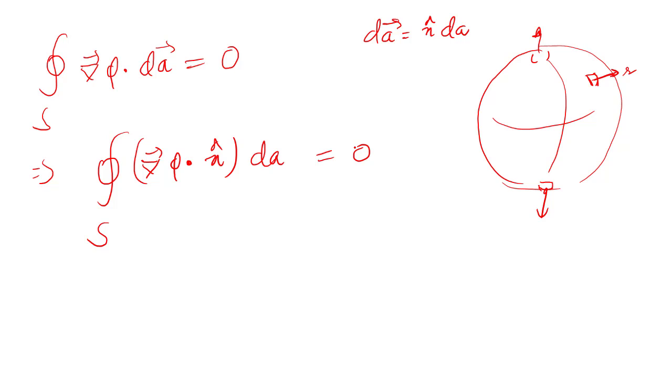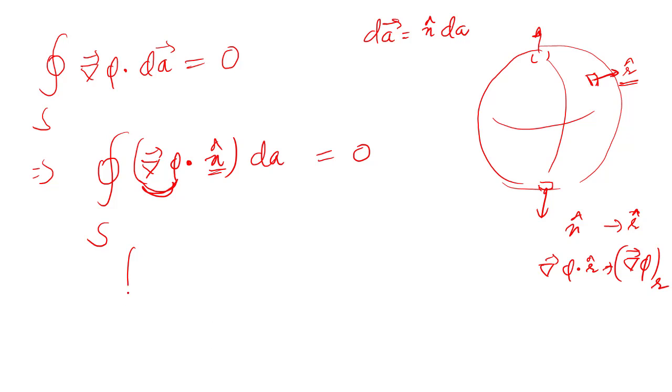Now take the example of a sphere. If you're looking along the R direction, then if you're dotting with that direction, you would get only that part of the gradient. So for example, if this n were R, then grad phi dot R would give you the R component of that grad phi.